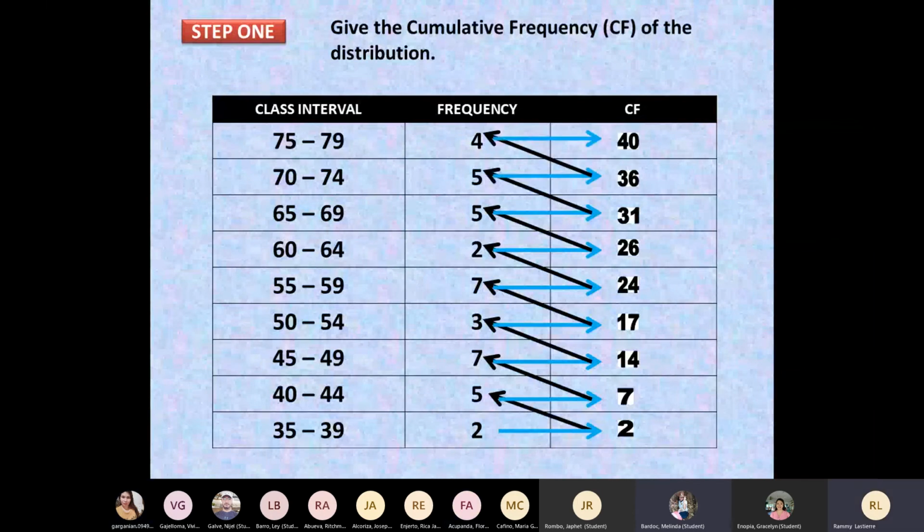So your answer is correct since the total population is 40. If your total population is 40 and your accumulated frequency gives 39, there is something wrong. Then find the middle or the median class by using N divided by 2.